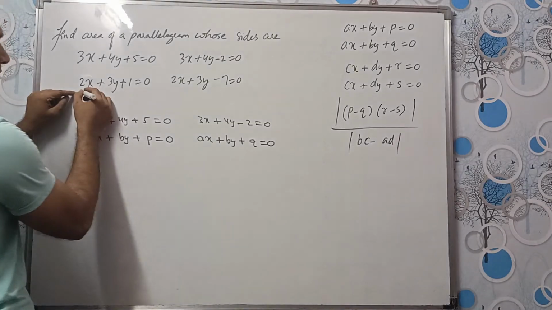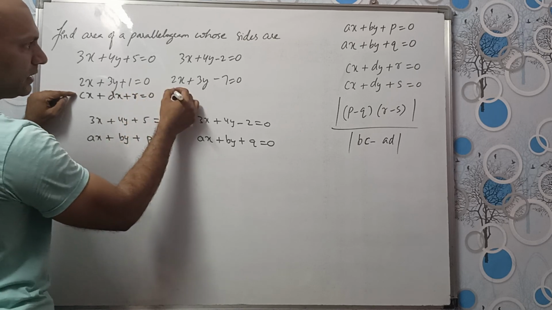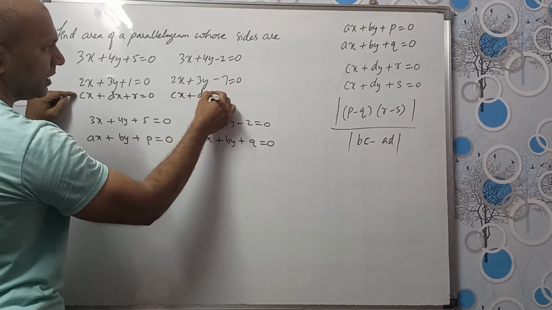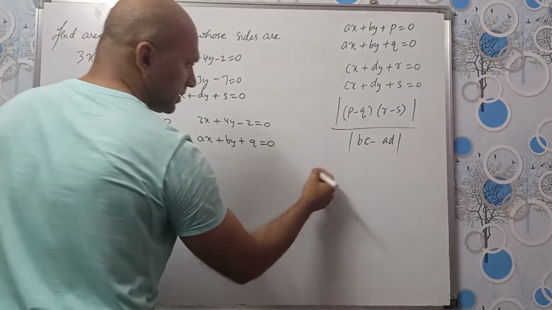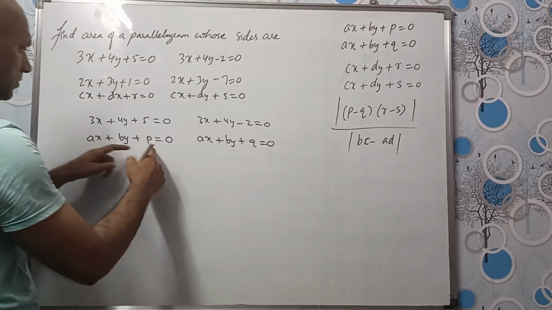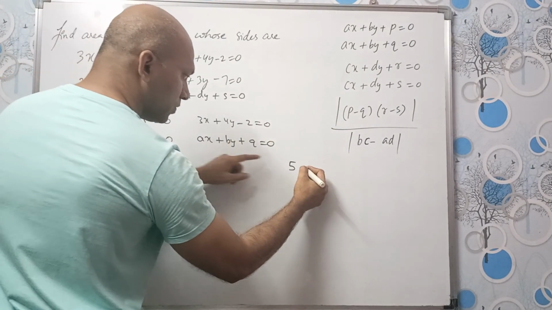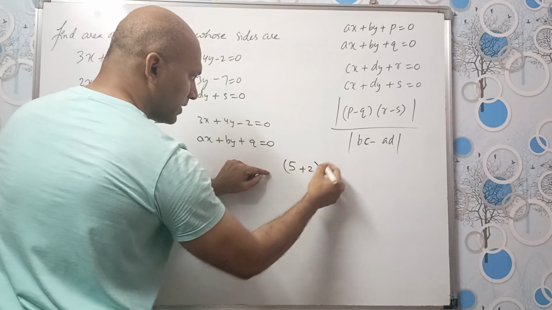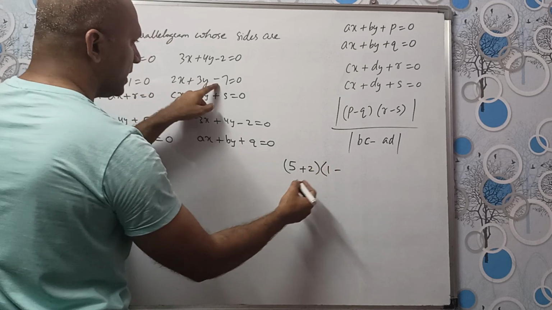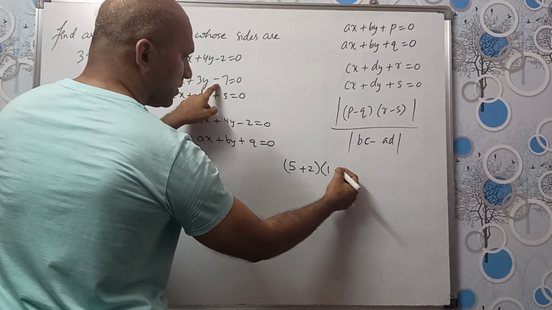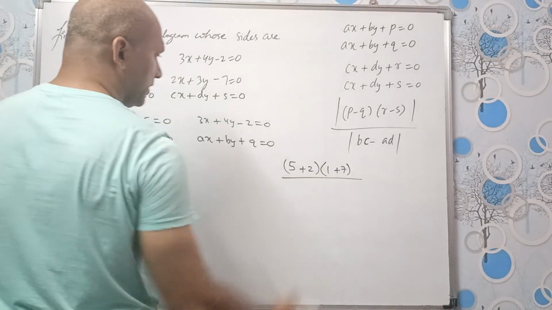And this one, cx plus dy plus r is equal to 0, and this cx plus dy plus s is equal to 0. Let us substitute this p minus q. P is how much? 5. So 5 minus q. Q is minus 2. So minus of minus 2 will become plus 2. R minus s. R is 1, s is minus 7. So minus of minus 7 becomes plus 7.